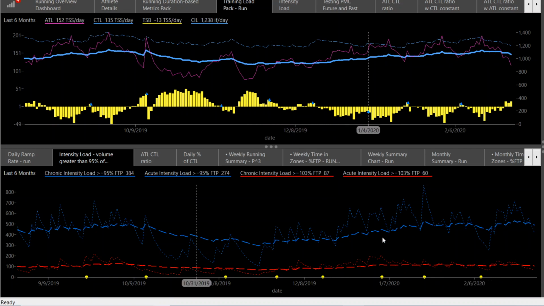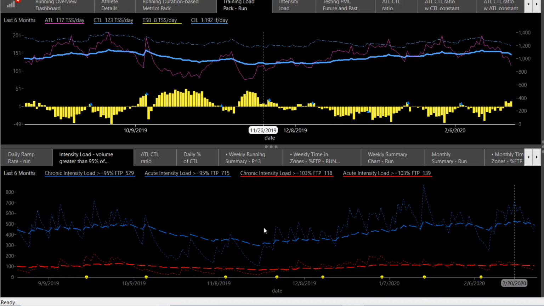So this particular chart is pretty good at discerning how that chronic training load is composed. And so that's one. Of course, there are other ways of discerning how your TSS, how your chronic training load, is composed.